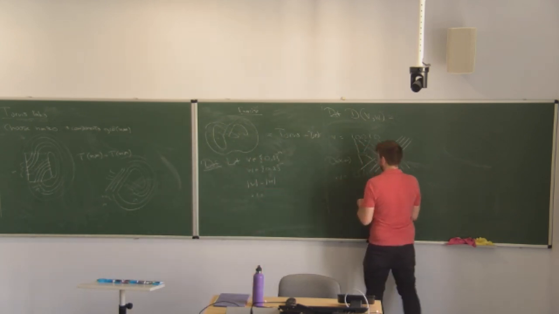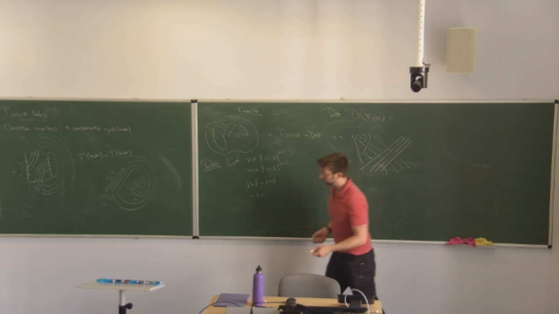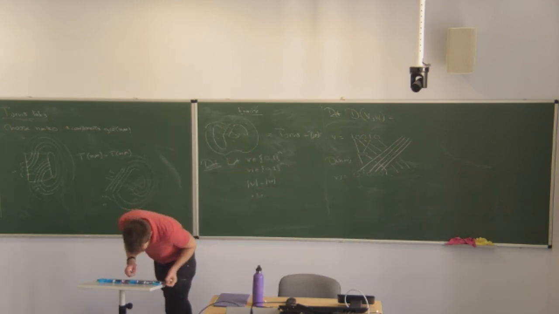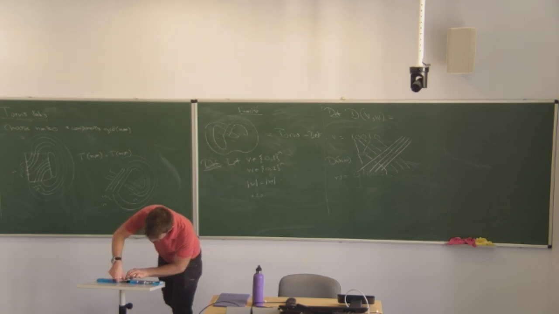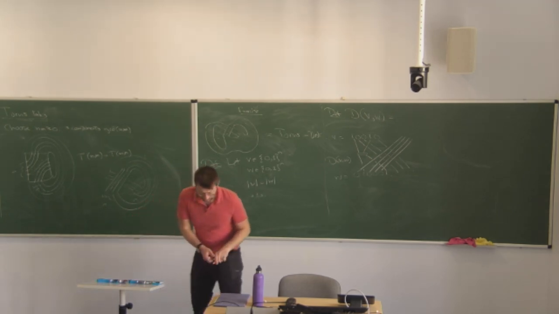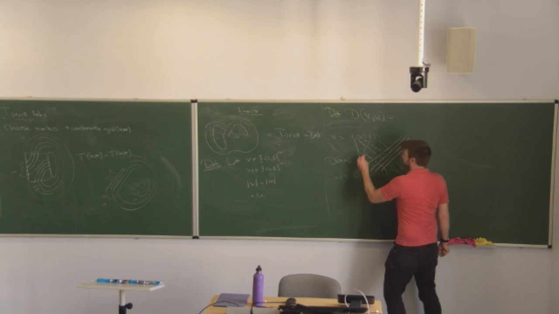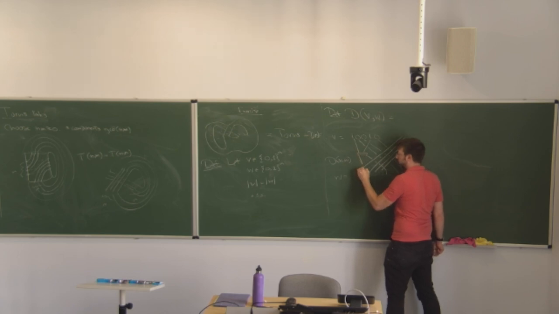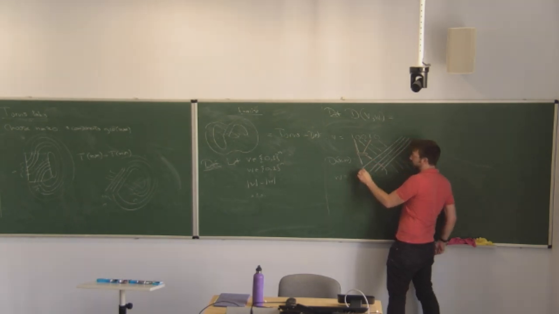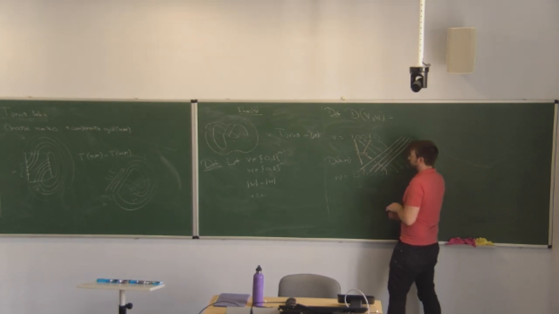Sometimes it's useful to color code the strands. I'm going to draw the strands which are labeled by 1 and color them red. It's a little bit misleading because the strands are not necessarily all distinct.